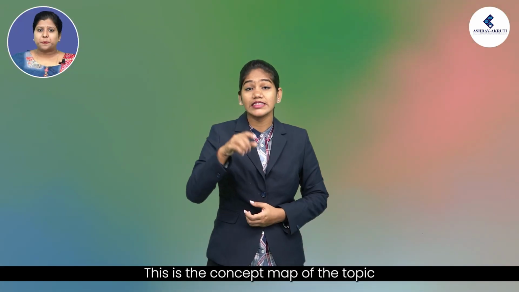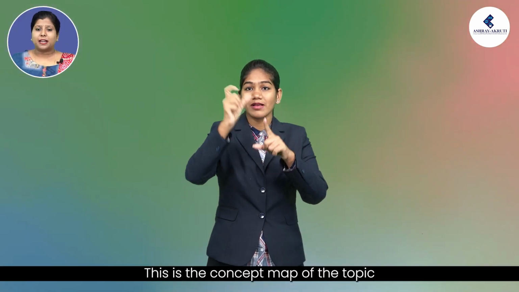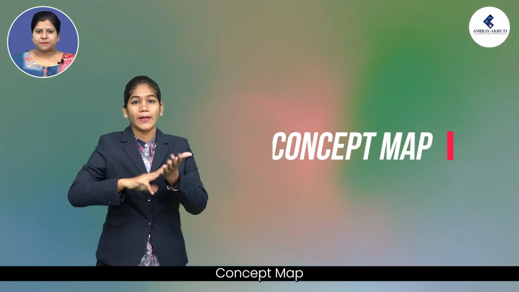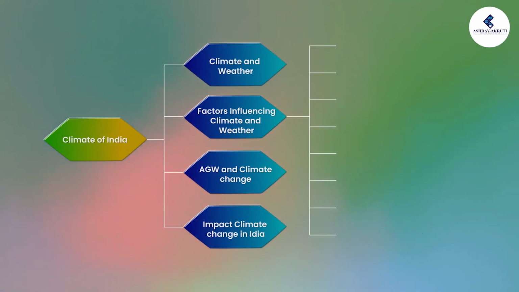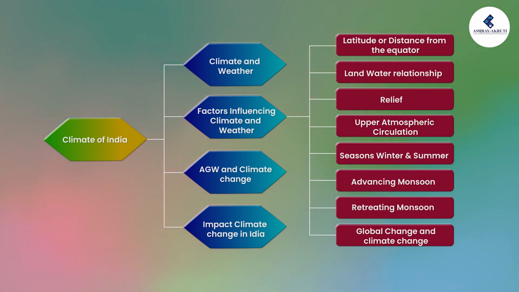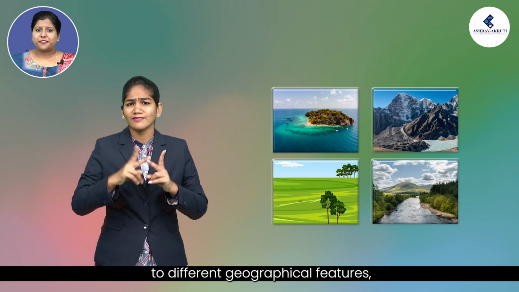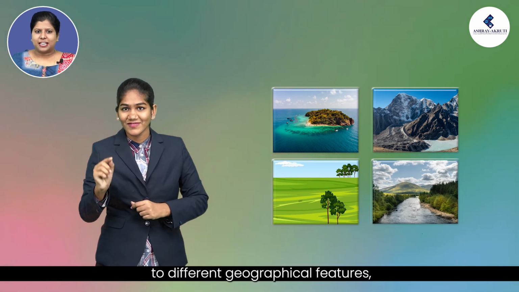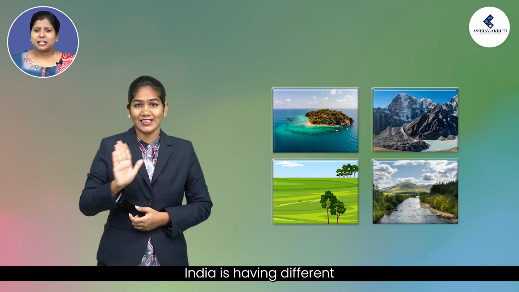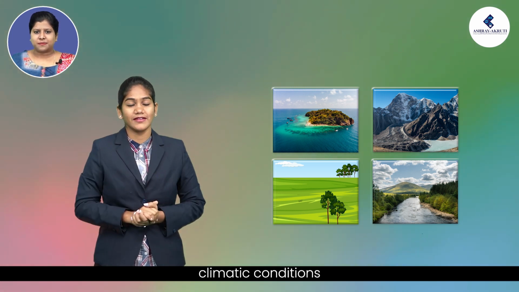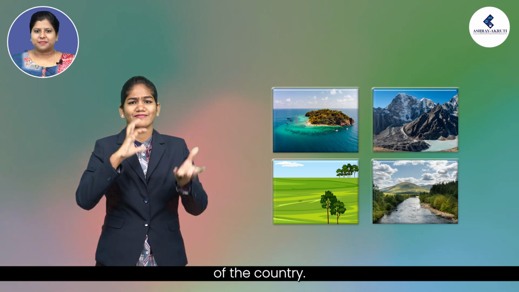This is the concept map of the topic climate of India. So, due to different geographical features, India is having different climatic conditions in various parts of the country.